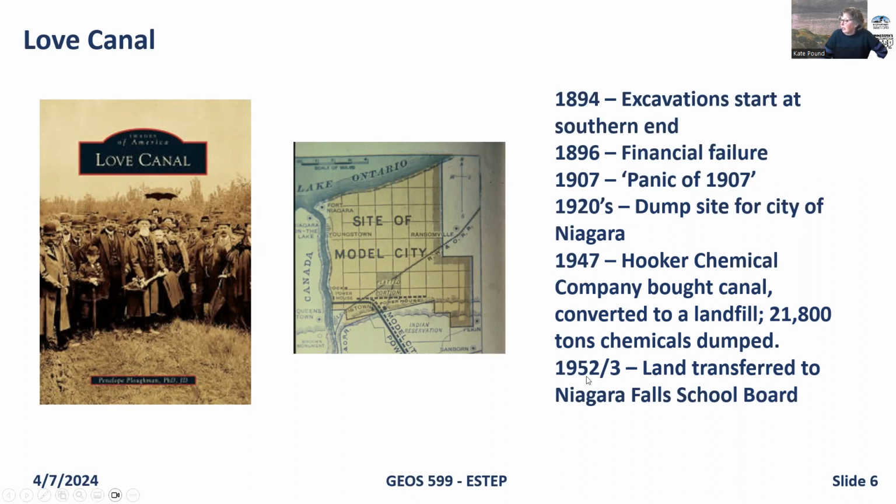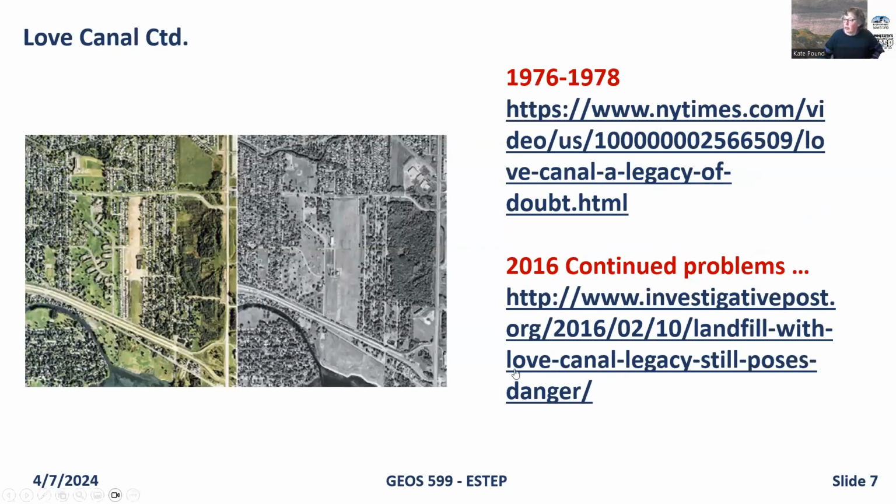And then in 1952 through 1953, the land was transferred to the Niagara Falls School Board. So in the meantime, after this, housing was built in the area. And so let's take a look here.